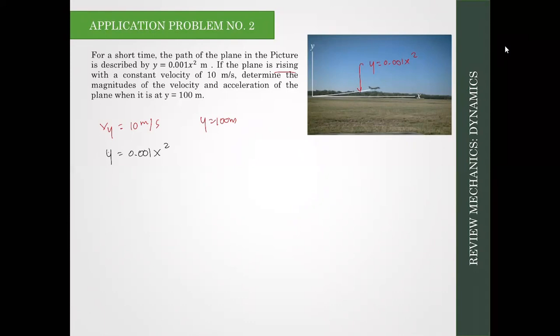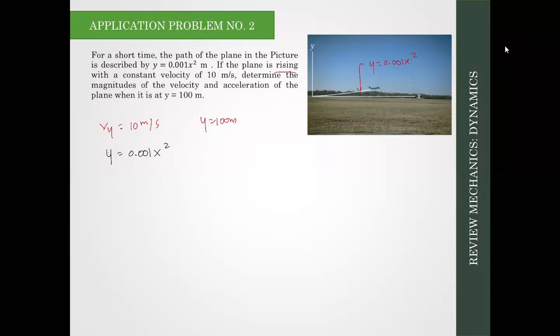Gamit itong equation na to, pwede natin makuha yung value nung velocity natin. So, kung matatandaan nyo sa calculus, tatawagin nating implicit differentiation. Dito, dalawa yung variable natin, si y at si x, with respect to time yung ating kinoconsider.